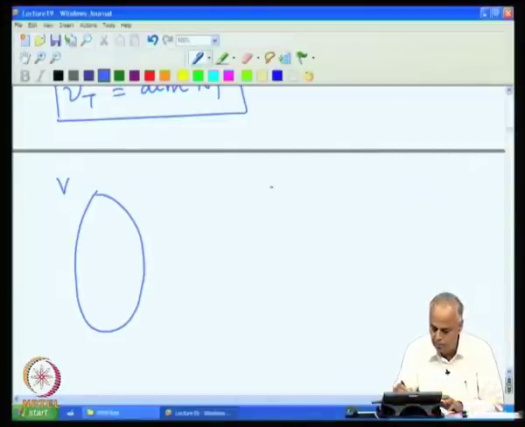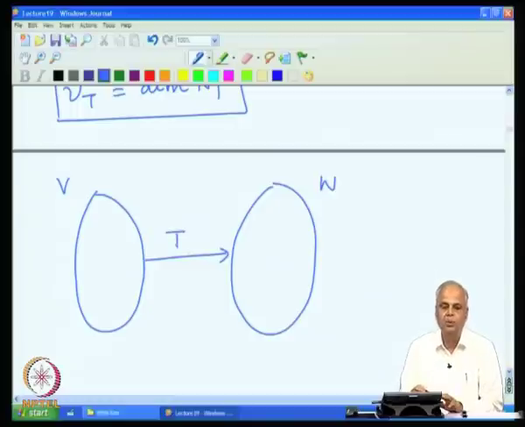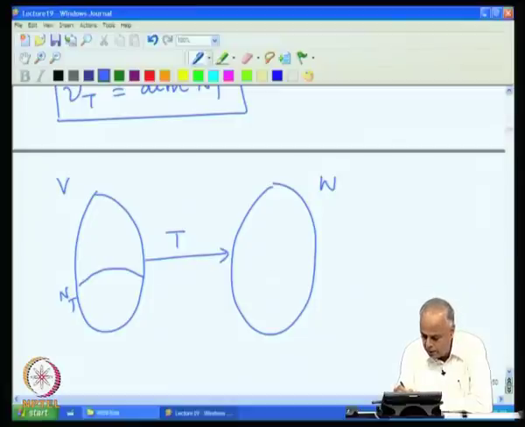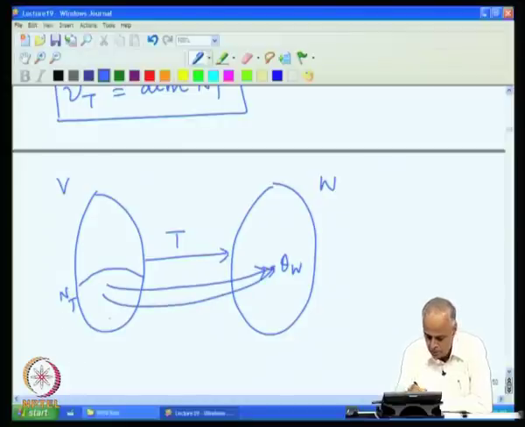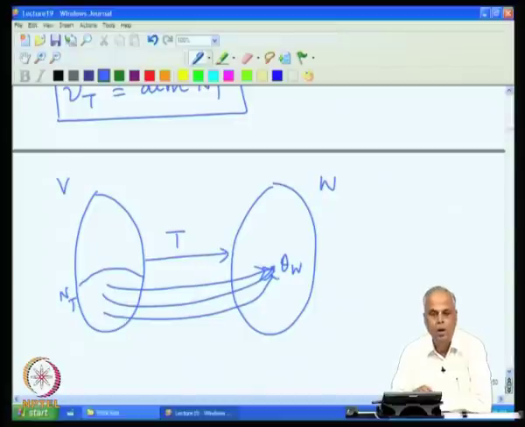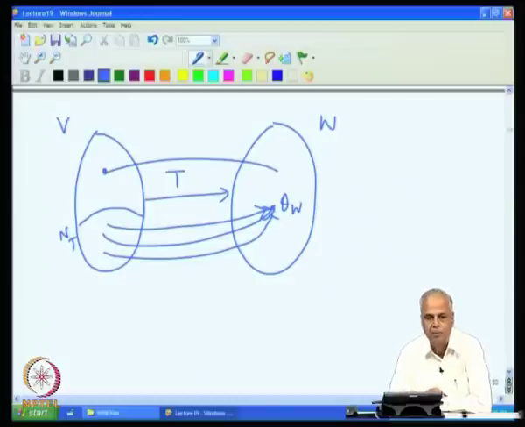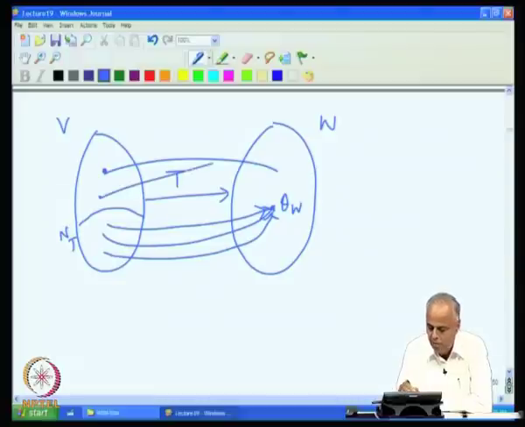We have V, we have W, and T transforms V vectors to W. Now, say this is NT, that means all the vectors here are focused to W. All the vectors in this portion are going to be focused to the 0 vector in W. Now, if I take any vector that is not in NT, it will now get focused elsewhere. This one may be focused somewhere.